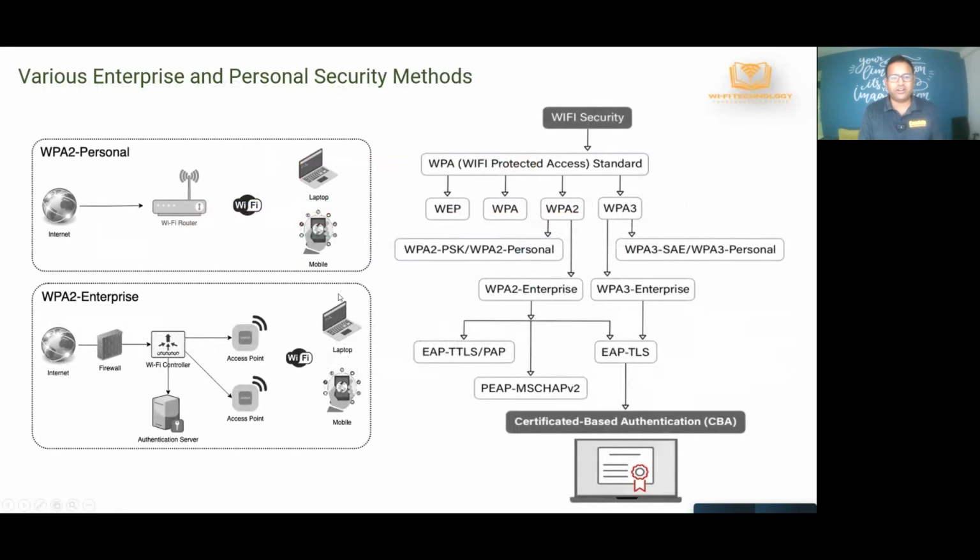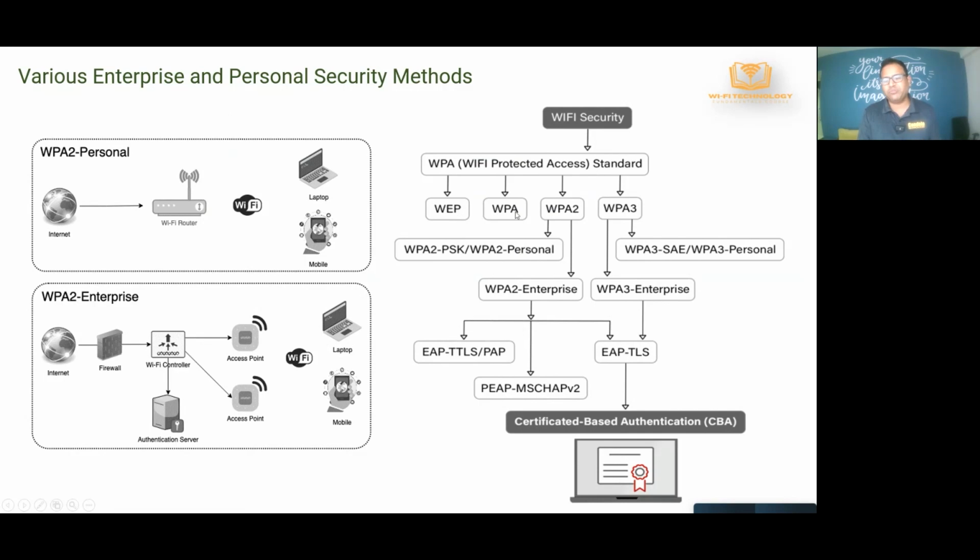This was a slide I also presented last time. We talked about WPA personal, where there's only a Wi-Fi router and a supplicant connecting the device to the internet. And then WPA2 enterprise has more entities: access points, authentication servers, wireless LAN controllers, and so on. This diagram shows the various kinds of security methods.